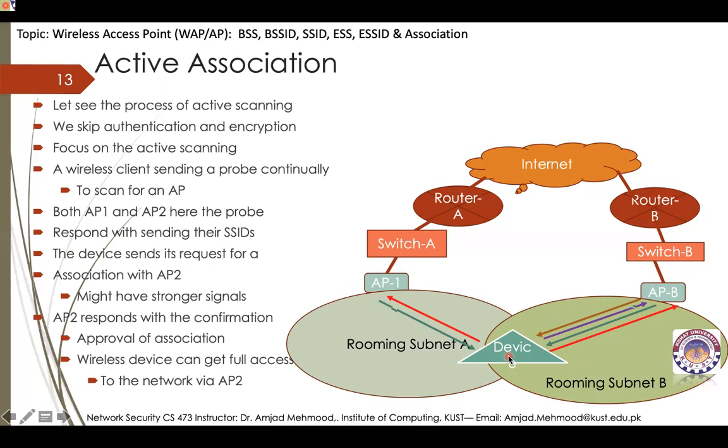The device will then determine which access point to connect with. In this case, the device connects with this access point because its signal strength is greater than the other. Finally, the access point finalizes this and allows the device full access. This is how active association is done.